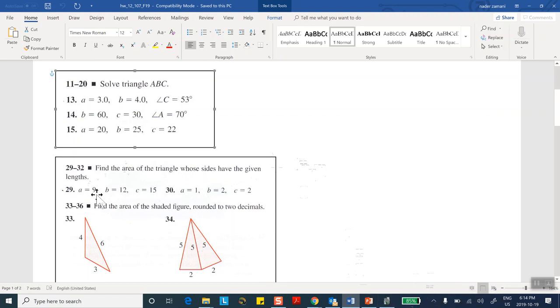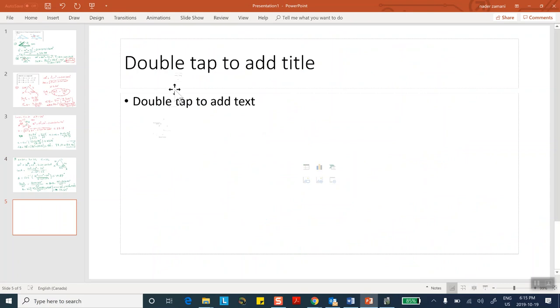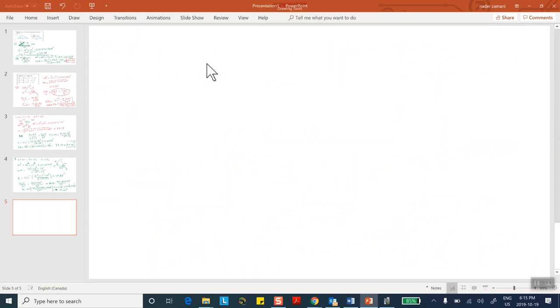Let's do 9, 12, and 15. So it says if A is 9, B is 12, and C is 15, find the area.